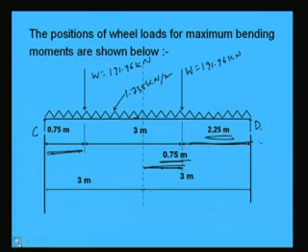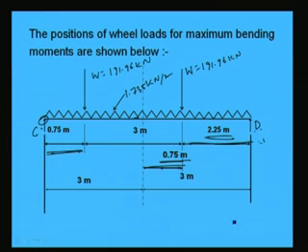RD will be what? To find out the reaction force at D, let us take moment about C. Then what will happen? RD into 6 will be equal to all loads, we have to take moment about this, right.